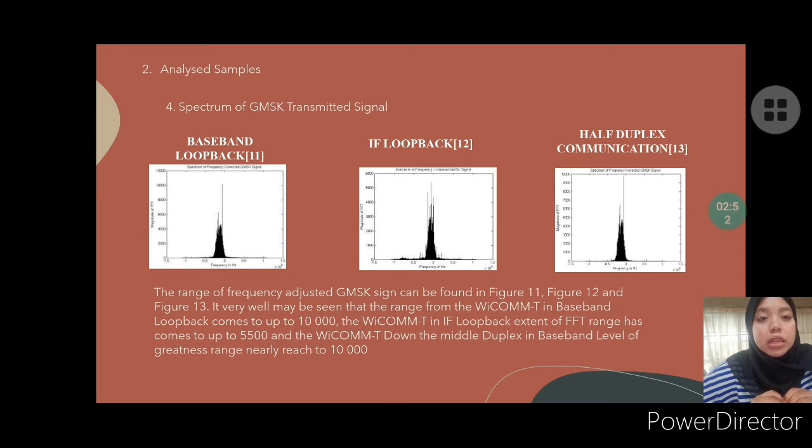The IF loopback FFT magnitude spectrum reaches up to 5,500, and the half duplex in baseband level magnitude spectrum nearly reached 10,000.